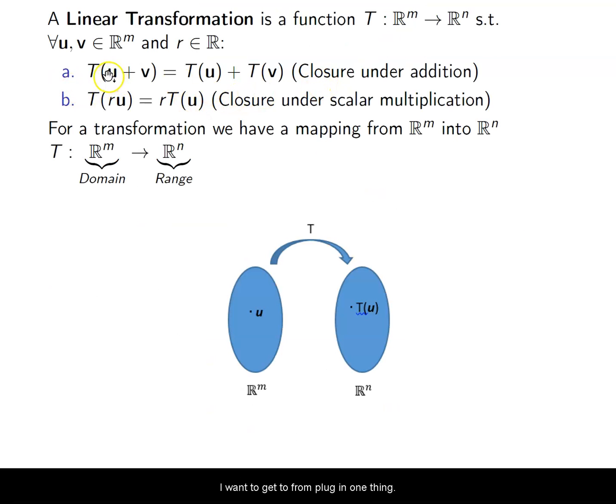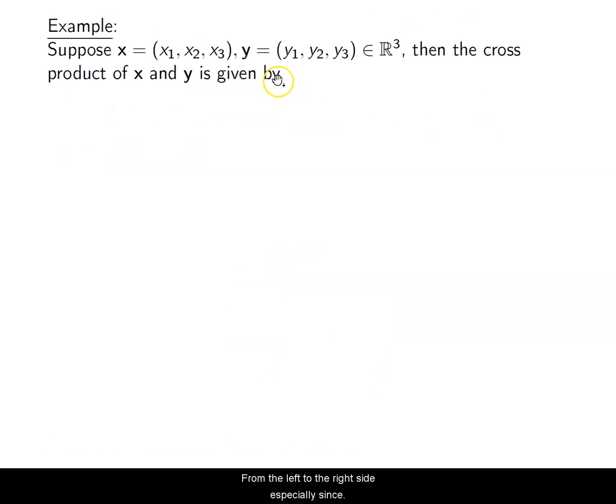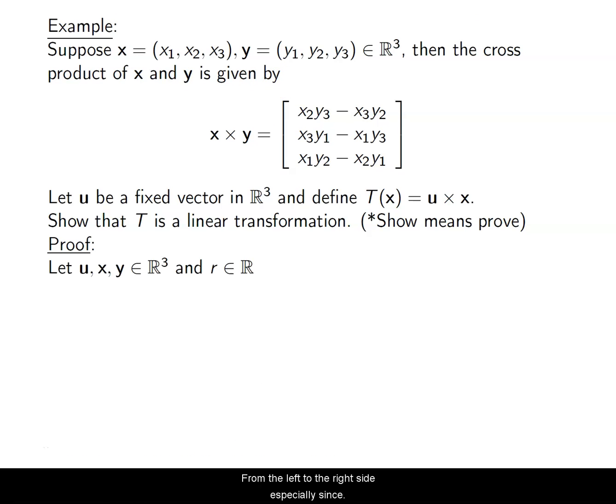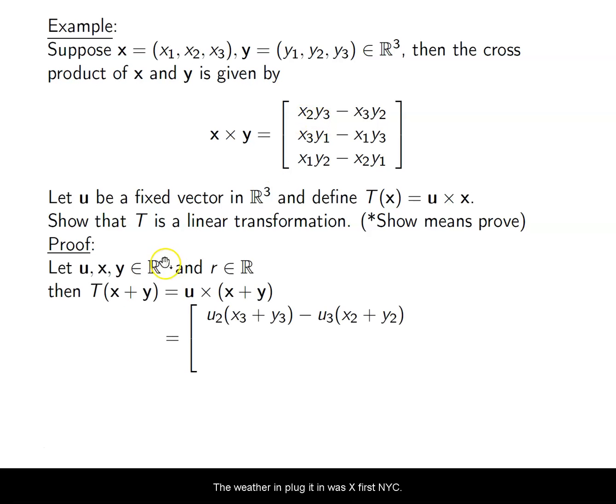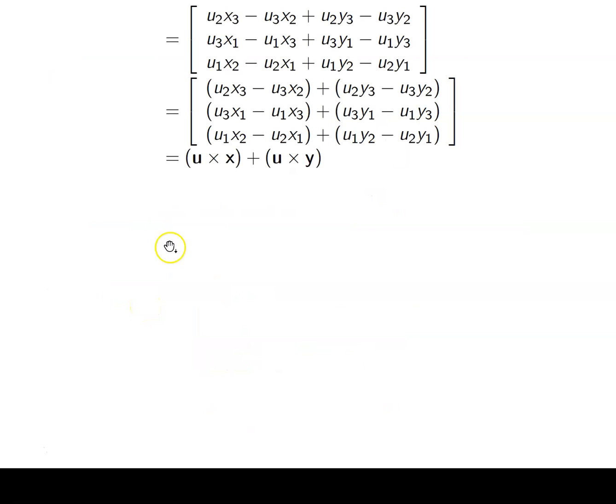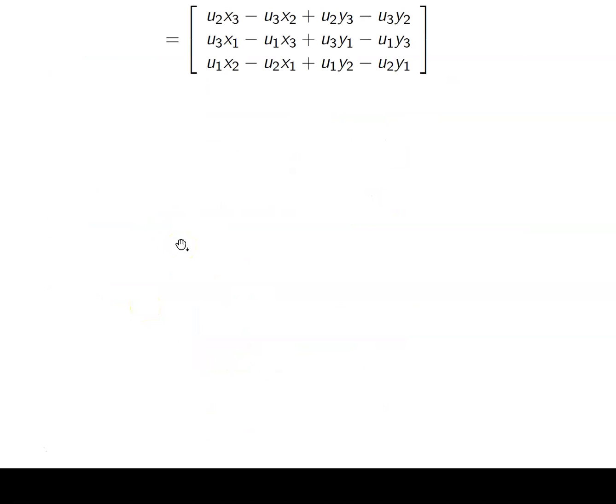I want to get from plugging in one thing to looking like plugging in two things. So I want to separate the x terms and the y terms from the left to the right side, especially since the way that I plugged it in was x first and y second. Okay. So I'm going to just start to separate things.